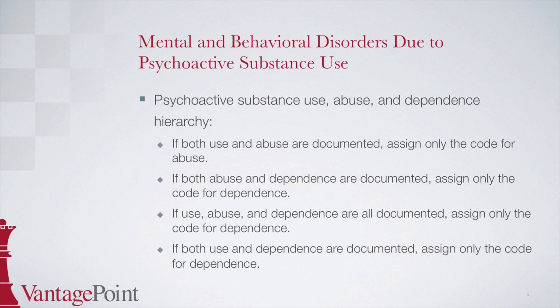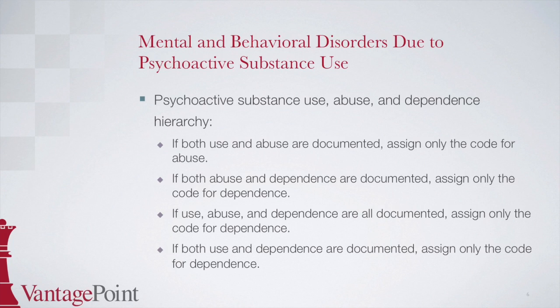There is a hierarchy for the terms use, abuse, and dependence when it comes to ICD-10 coding. Use is the least severe and dependence is the most severe. Therefore, when both use and abuse are documented for the same substance, you would only code for abuse.